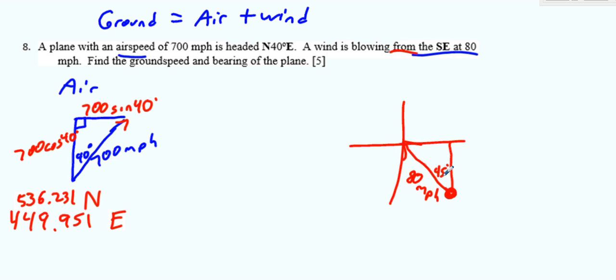So the hypotenuse is 80, so that means we can find our northern component and our west component. Adjacent, so that would be cosine times 80. And then this is opposite, so that's going to be sine. And you know that sine and cosine are the same, so those will be the same values.